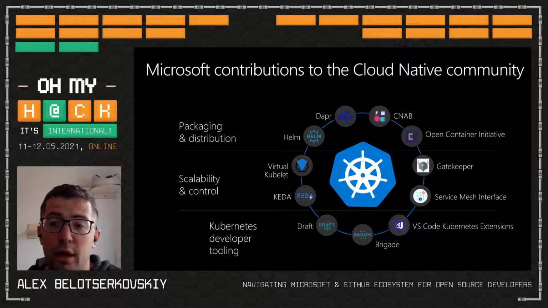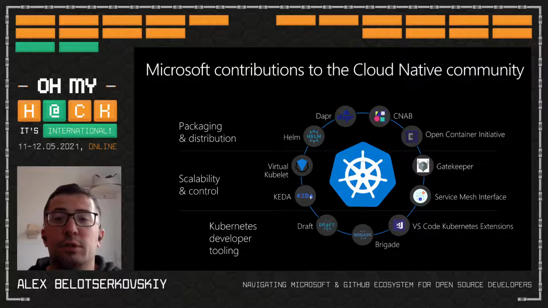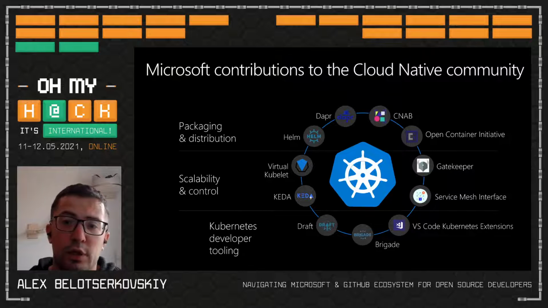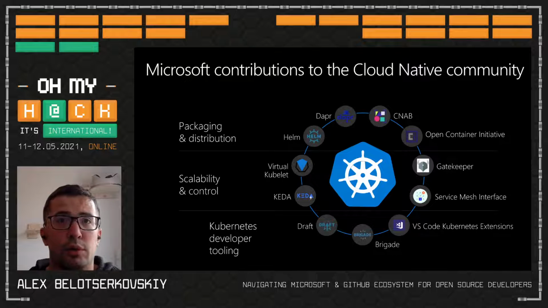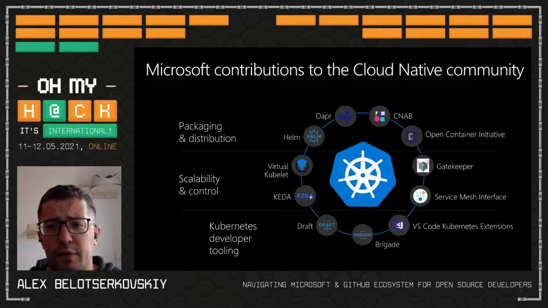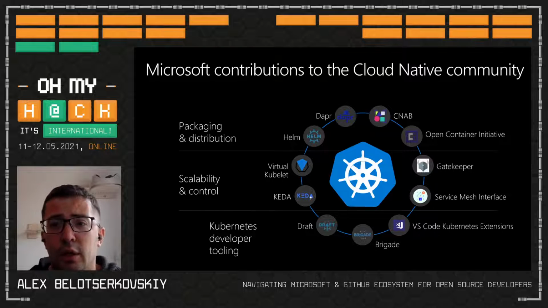So how to navigate through that? If you want to follow what we are doing in terms of the cloud native community, you should look for something called Microsoft Upstream contributions. If you look it up in your search engine, you will find a lot of talks by our active upstream contributors like Ralph Squillace, Karen Chu, Brendan Burns and other people.